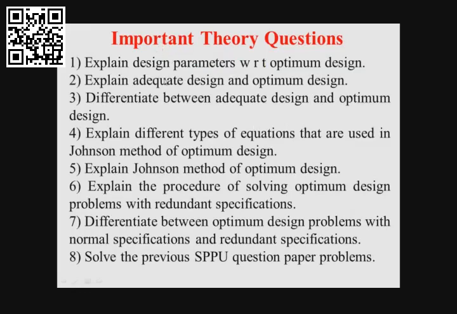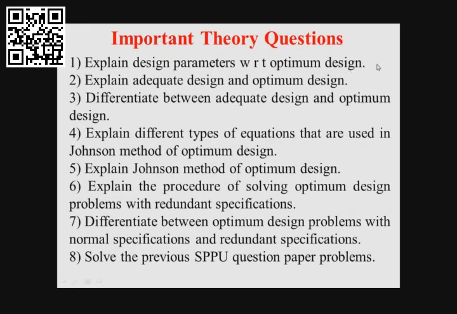Okay, some of the important theory questions I have listed here will normally come in the exams. So prepare these theory questions. If you have any doubts, you can get back to me through the different platforms. The first question is, explain design parameters with respect to optimum design.